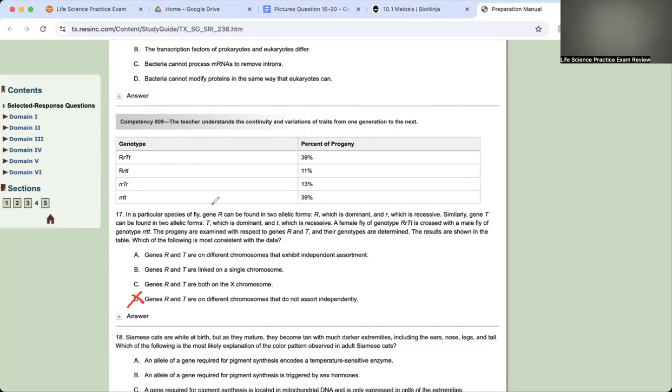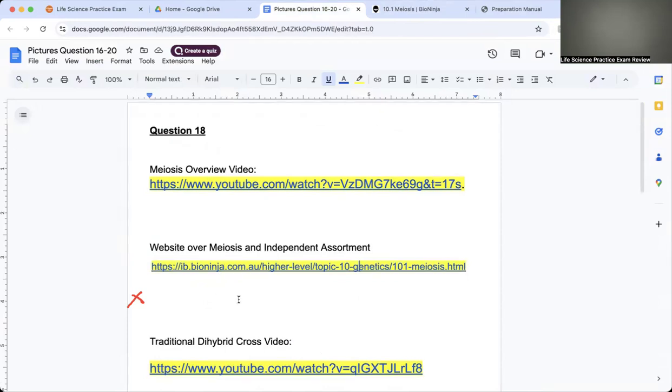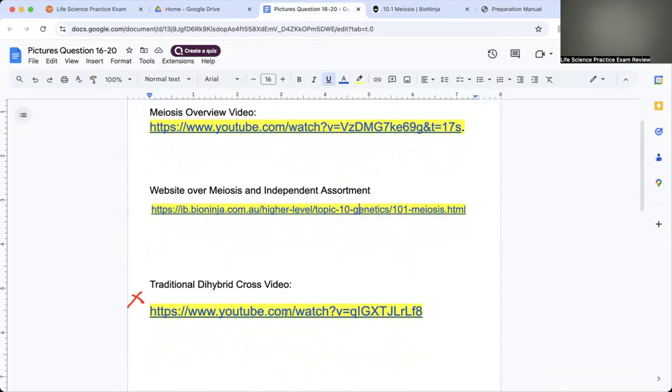So there are two ways of doing a dihybrid cross. I'm going to post a video for the most traditional way. If you've forgotten how dihybrid crosses work, go back to this third link here, the traditional dihybrid cross video.